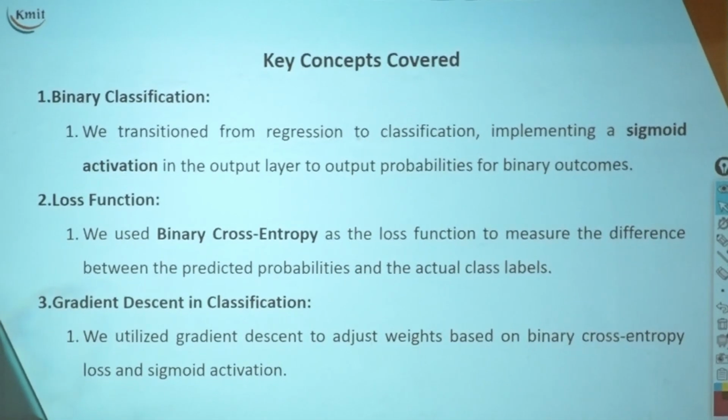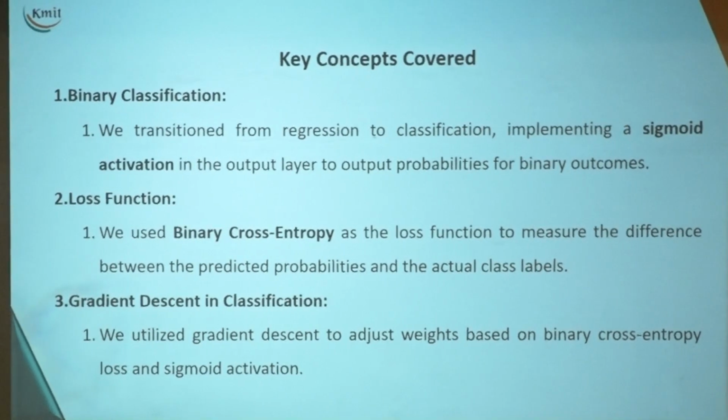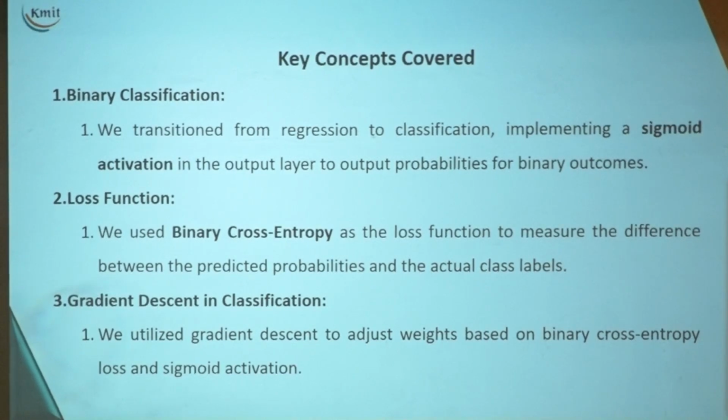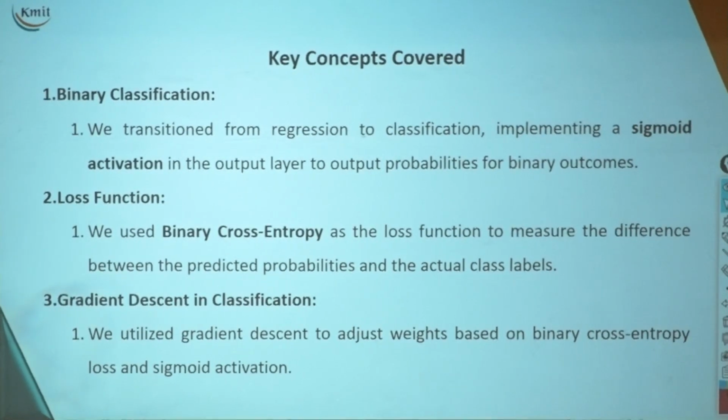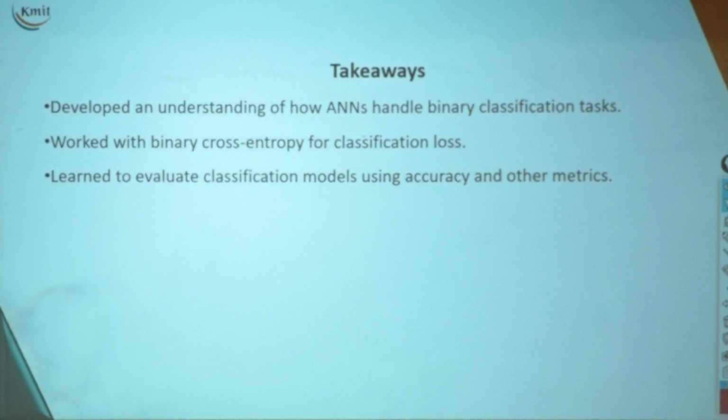In the first exercise we used MSE. Here we changed the loss function to binary cross entropy, and we used the same gradient descent. Exercise 1 was regression and exercise 2 was classification, so we changed the loss function. We worked with binary cross entropy and learned how to evaluate a classification model with accuracy.